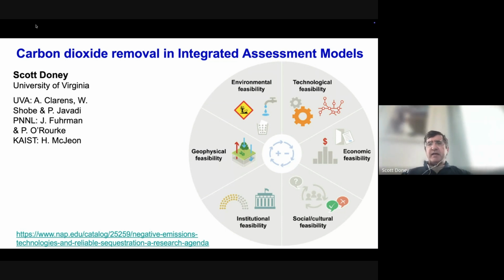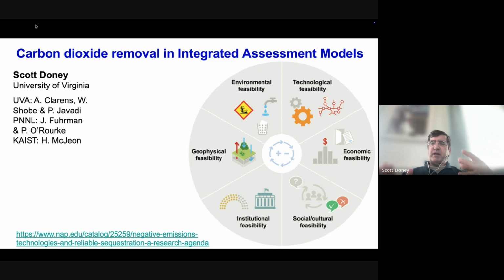Yeah, so GCAM is computed at political units. Some of them are countries, but some of them, like the EU, are a political unit, and different IAMs take different approaches to that. We do try to look, for example, at geologic storage or enhanced rock weathering.